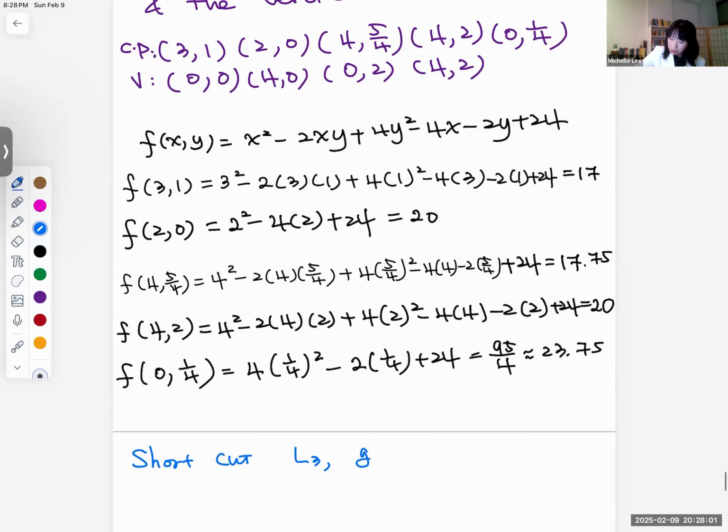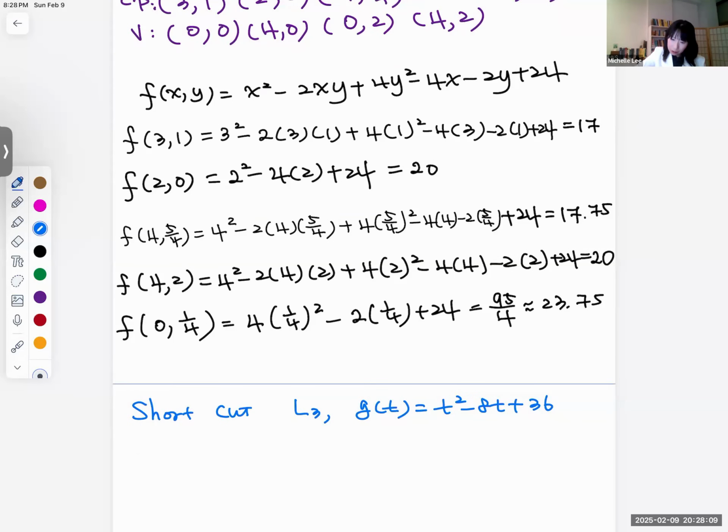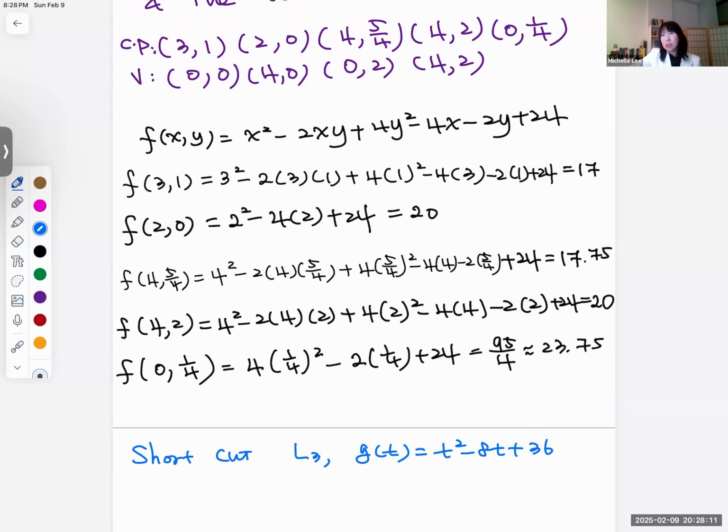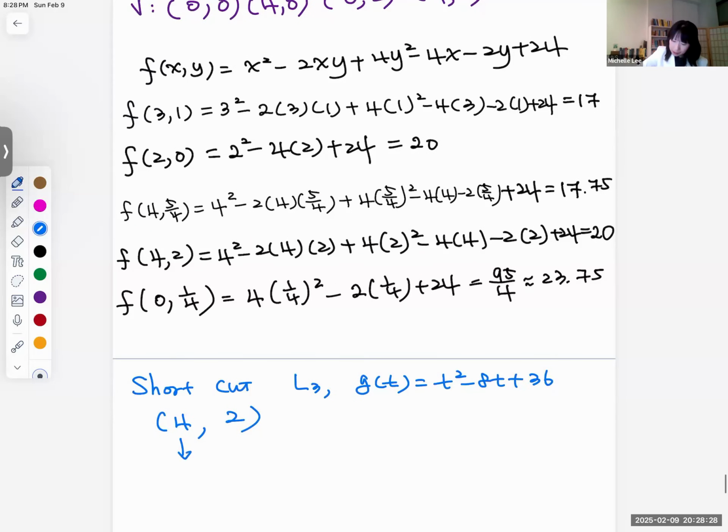So g of t equals t squared minus 8t plus 36. This one comes from 4, 2. So we have 4, 2.